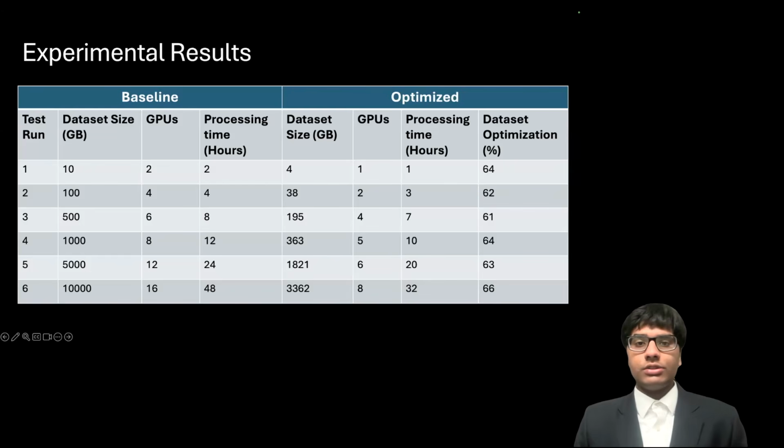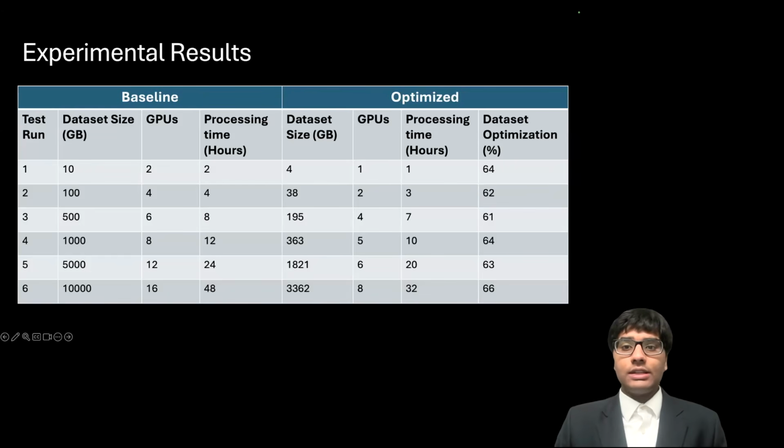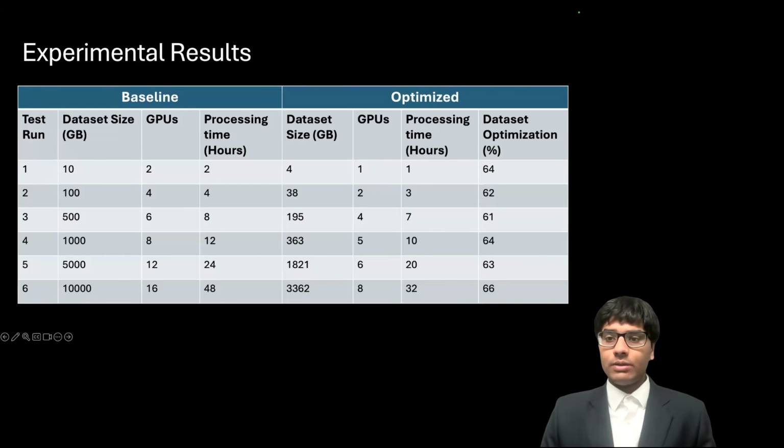Next, experimental results. We compare the baseline model training approach with our optimized method across test runs ranging from 10 gigabytes to 10,000 gigabyte datasets. The experiments use public Hugging Face datasets for text and utilize the Microsoft Azure platform. The evaluation includes a baseline phase using full datasets and an optimized phase using stratified random sampling with a self-adaptive test framework.